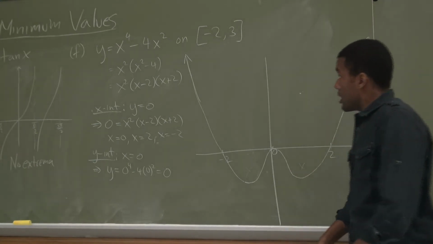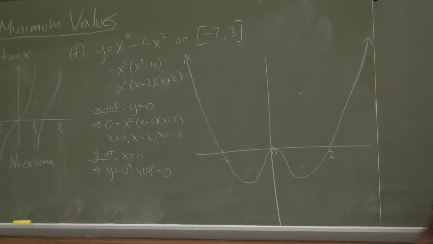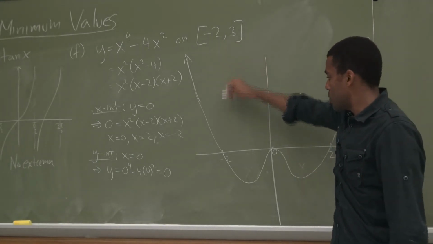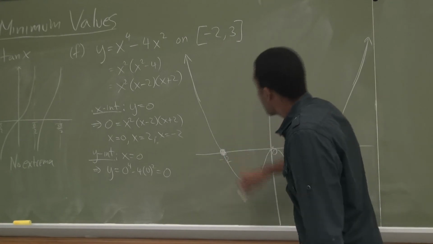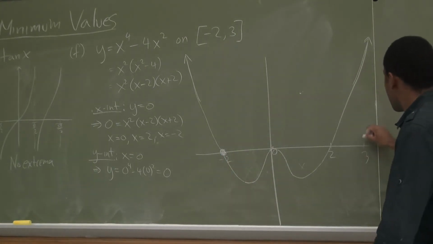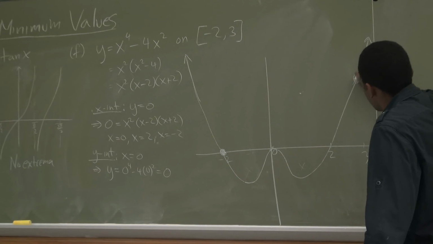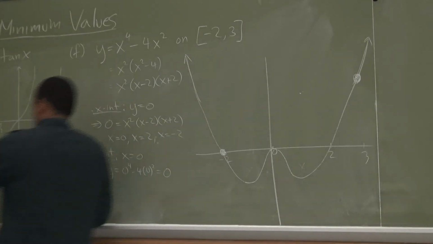Right? But now what do we do? We only care about minus 2 up to 3, right? So let's call that 3. And I don't care about anyone else.